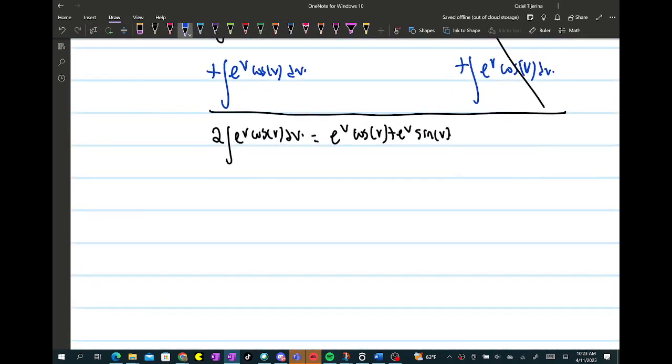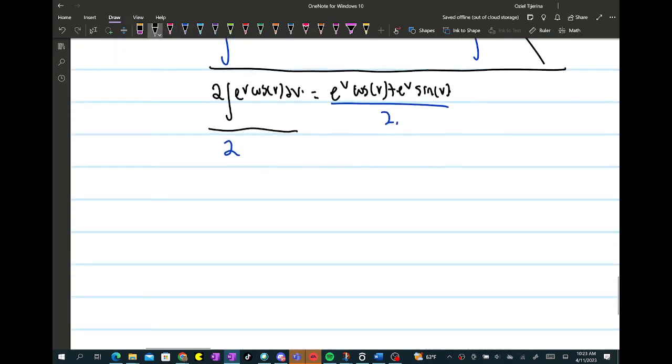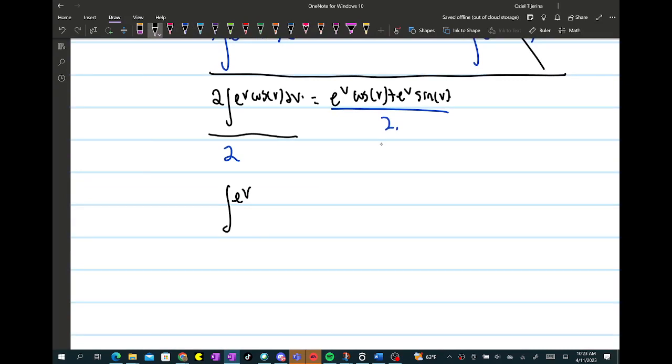And finally, we're going to divide by 2, because we originally wanted the integral of e to the v cosine of v dv. So it's going to look like this. The integral of e to the v cosine of v dv is equal to 1/2 times e to the v cosine of v plus e to the v sine of v.